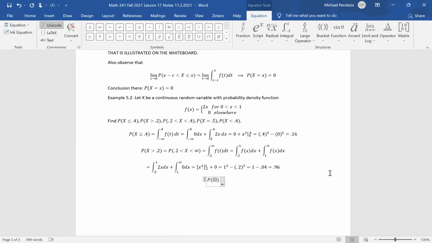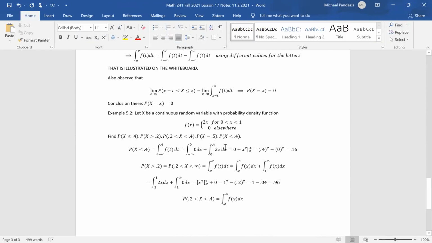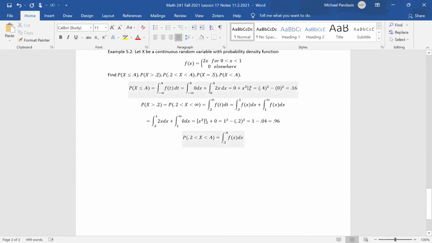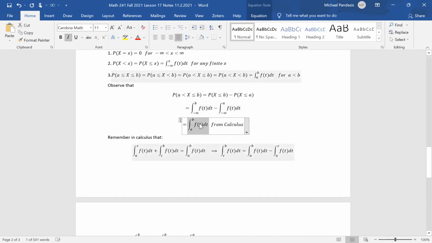The probability that 0.2 is strictly less than x, strictly less than 0.4, is equal to, now you can also, once you understand this, just say this is the integral from 0.2 to 0.4 of little f of x dx, because we have the result from earlier: the probability of this interval is equal to that definite integral.